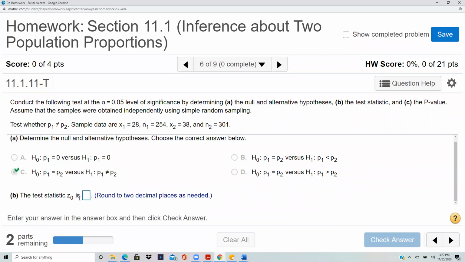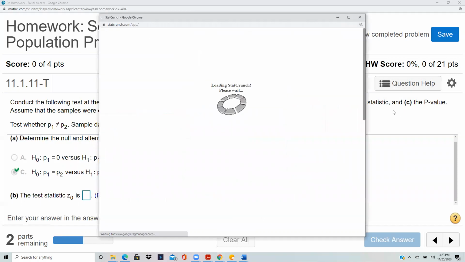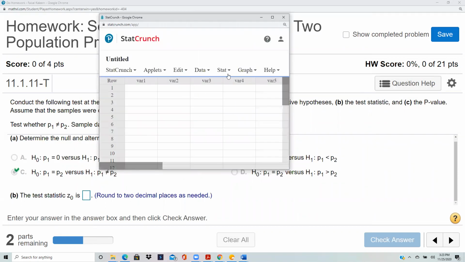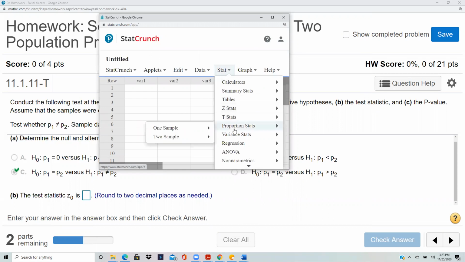Compute the test statistic Z naught. So let's see. Okay, StatCrunch. So stats, proportion stats, 2 samples with summary.